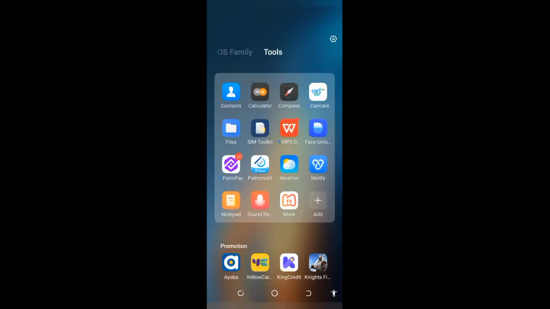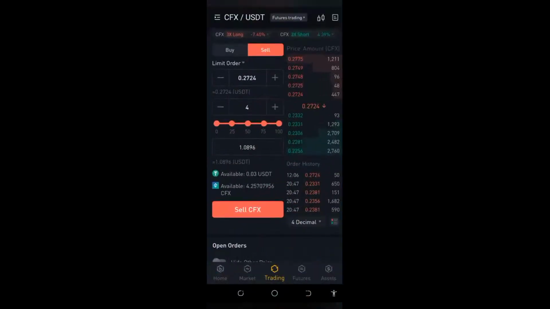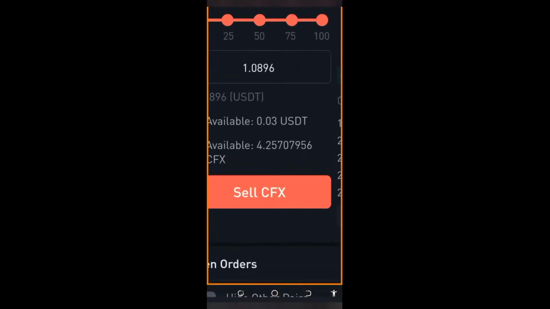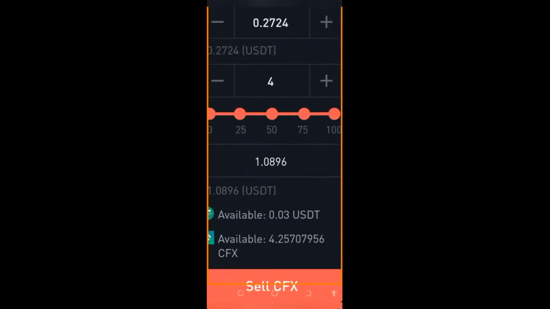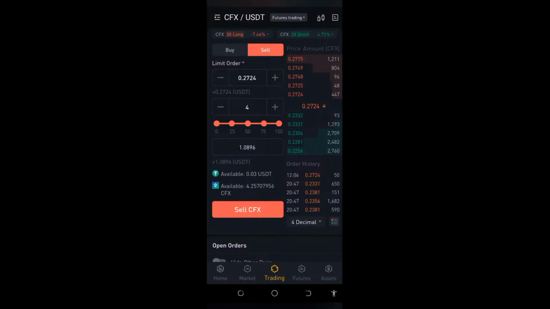Okay, don't forget that it took a little bit out of the transfer fees. Okay, so that means that, oh, now another reason is because if you look at it, it's disregarding the 0.25 CFX. Yeah, that's what is happening. It only picked up 4. So that's another thing you need to check out, right? So that's the reason why we didn't get the exact 16%. But that's not even the main point.